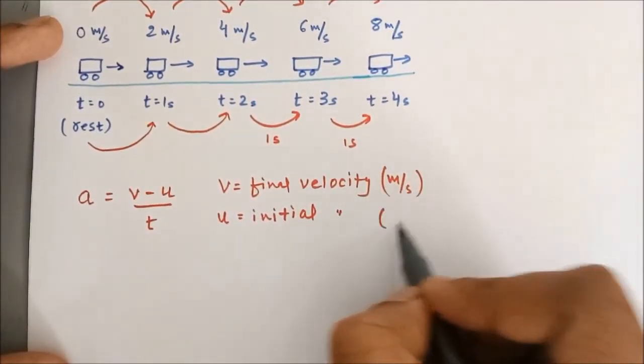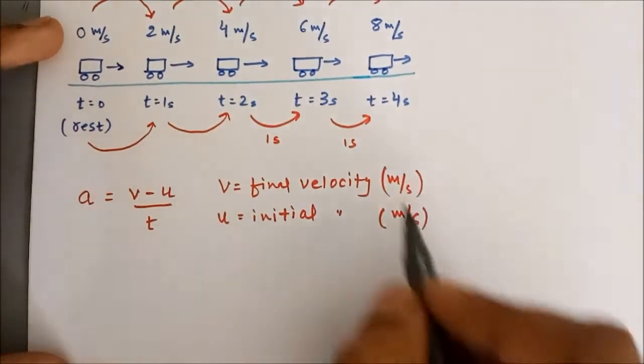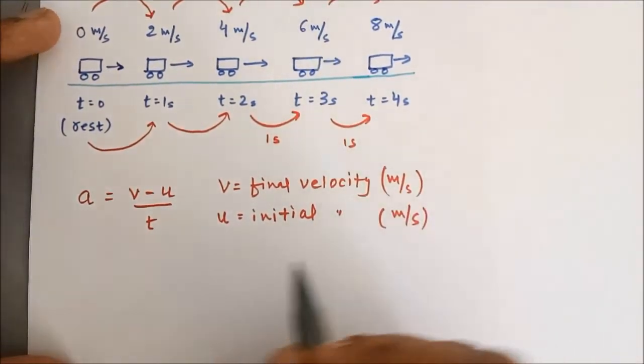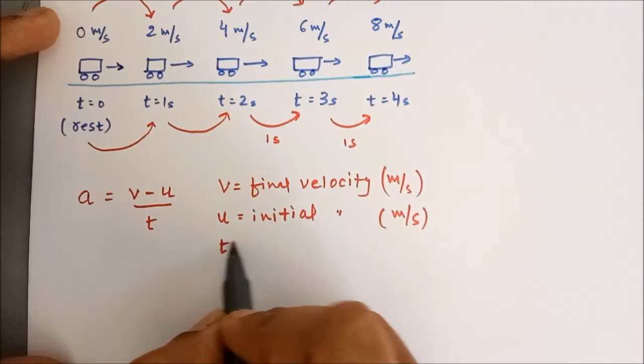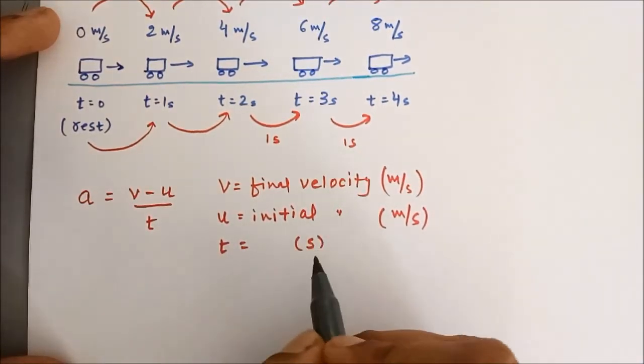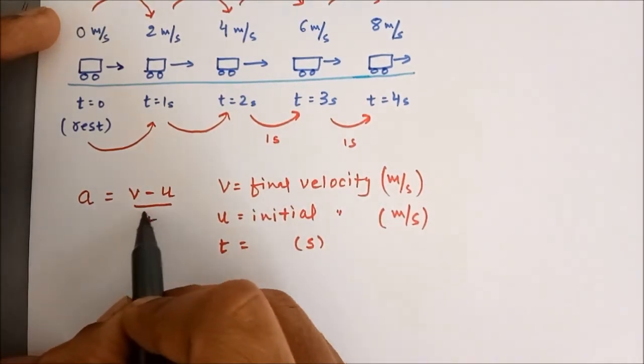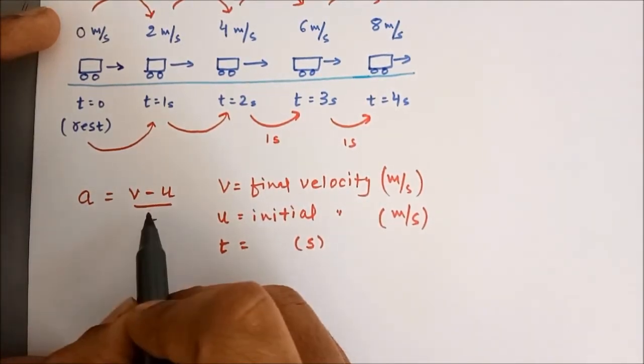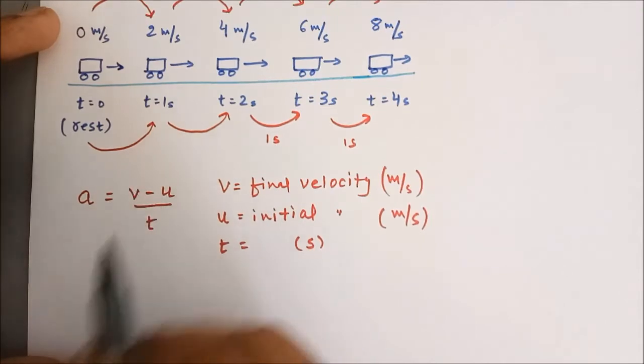This is the SI unit. So both of them are going to have units of meter per second. Time is measured in seconds. So the SI unit of time is the second. Make sure this time is the time between v and u.